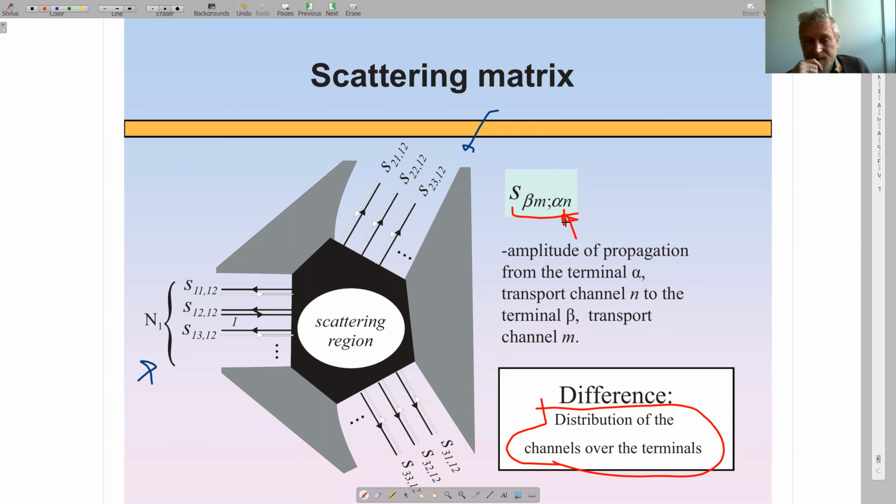So that particular element of the scattering matrix describes propagation from channel n in terminal alpha to channel m in terminal beta. The squared scattering amplitude gives the probability to start in this particular channel and end up in another channel.